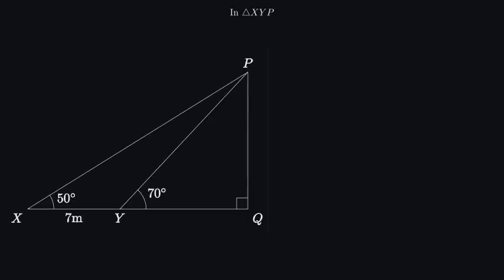Exam tip. When you see XY produced, it means extend the line XY beyond Y. This helps you place Q correctly. Also remember the 70 degrees angle is measured from YQ, not YX. So the angle inside triangle XYP is 110 degrees, not 70 degrees.